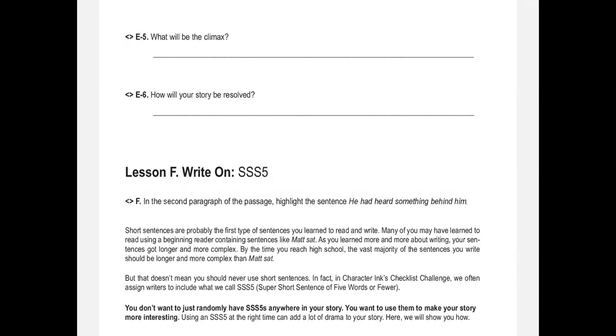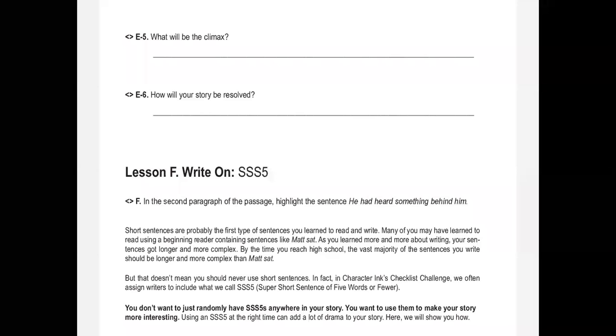And then in the midst of all of those longer sentences, those openers, those pauses, those dashes, all of the things that students learn how to do, all of a sudden they have a little punchy "He heard something behind him." And that gives a paragraph different sentence rhythm, right? It gives the reader a really fast feeling, like something's happening fast.